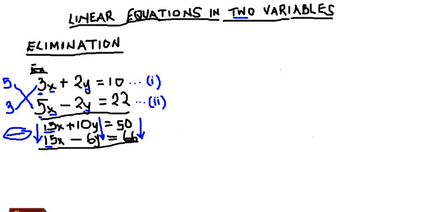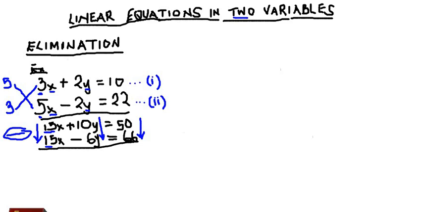But if the coefficients have different signs, one is positive and the other one is negative, it doesn't matter which one is positive and which one is negative, whether the one in equation 1 or the one in equation 2, as long as their signs are not the same. If one is positive, the other one is negative, then you need to add the two equations to eliminate the variable.